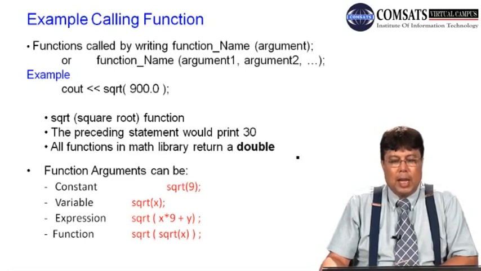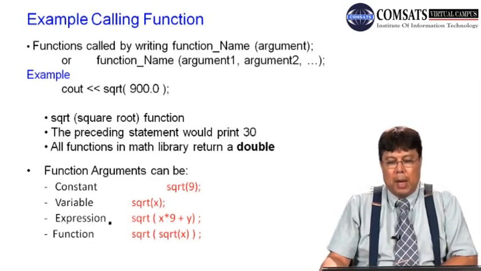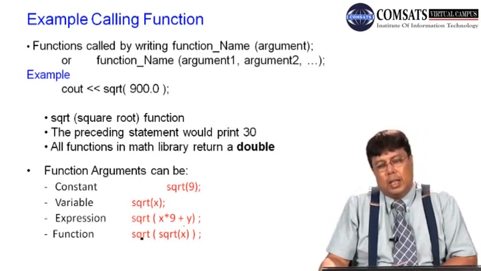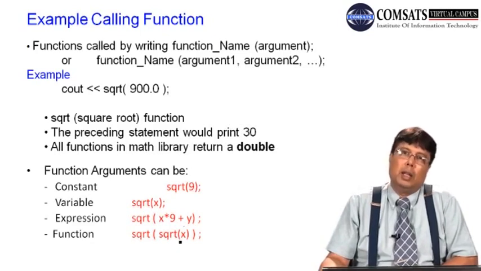The function argument can be a constant, 9 is a constant. A function argument can be a variable, x is a variable. A function argument can be an expression, x multiplied by 9 plus y is an expression, or even a function argument could be a function itself. The square root of x that comes will again be square rooted.